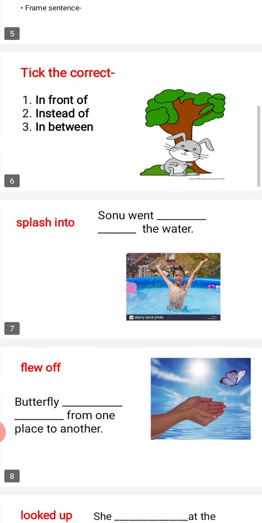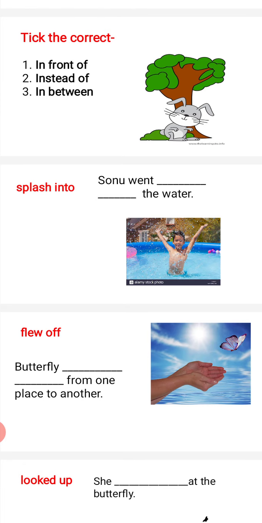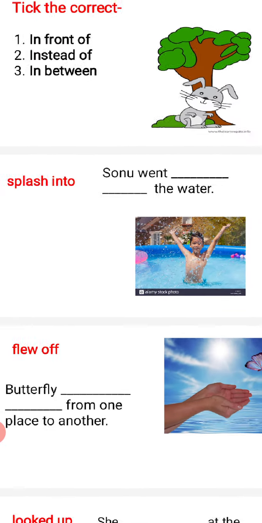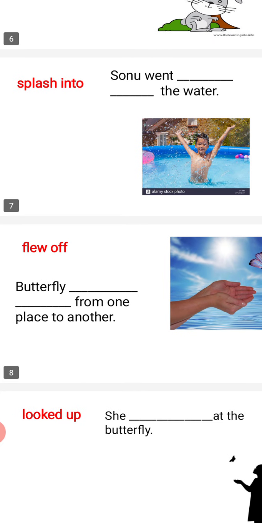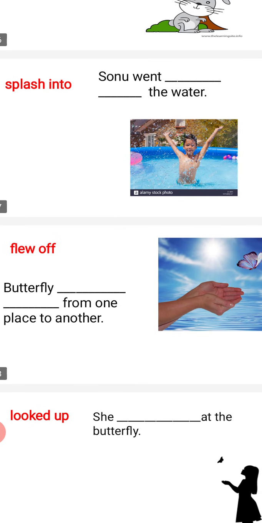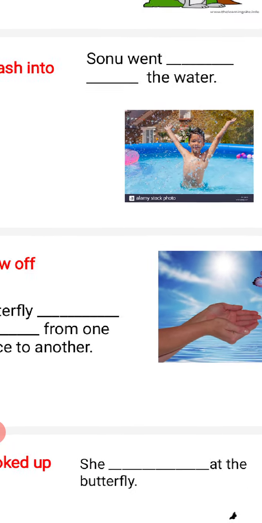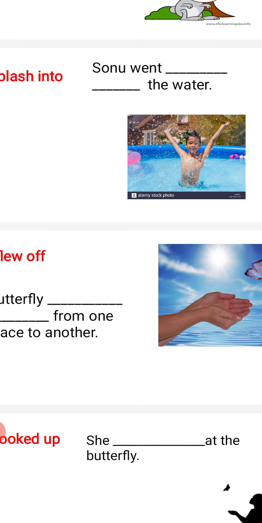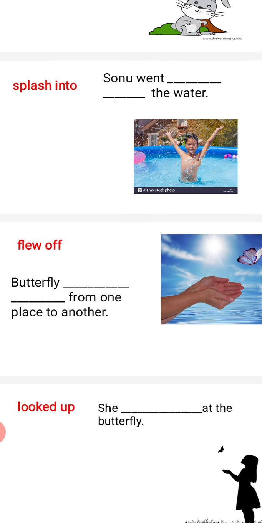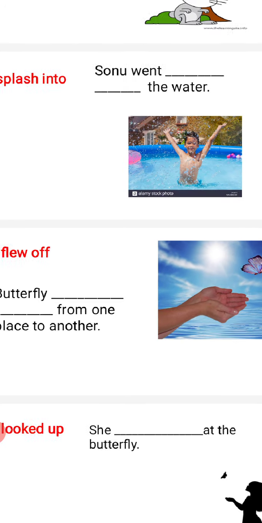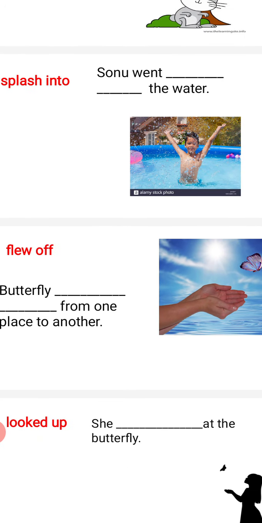Now here, let me take some phrase to use which I have taken from your English lesson. That is the word, you can see the picture also, splash into. Splash into, when we just jump into the water and enjoy the water. Sonu went splash into the water.